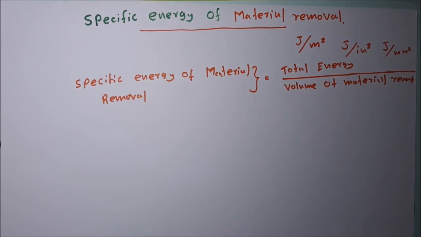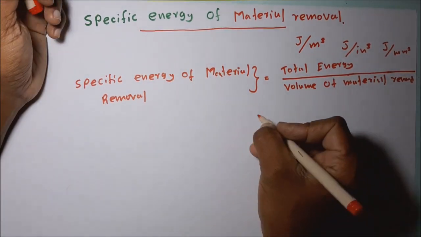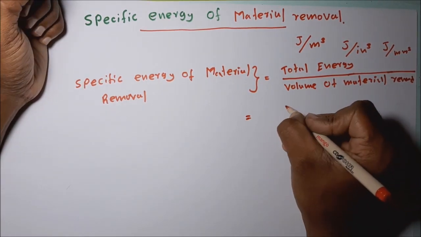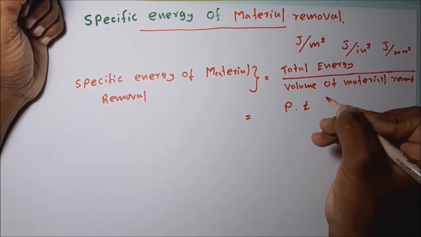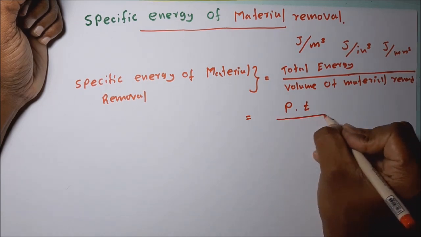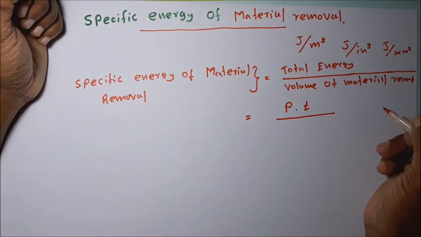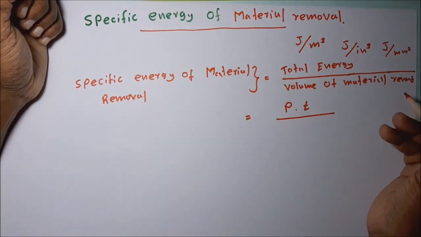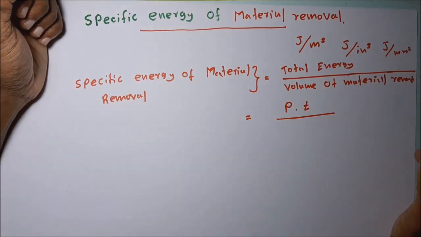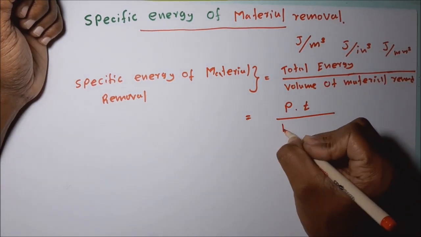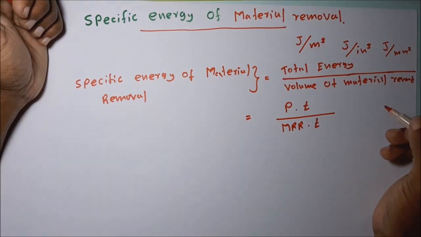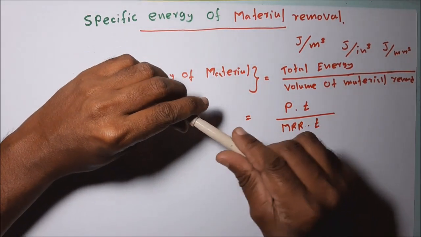Then what is the total energy? Total energy is power into machining time. And the volume of material removed in the entire machining process is the material removal rate into time.